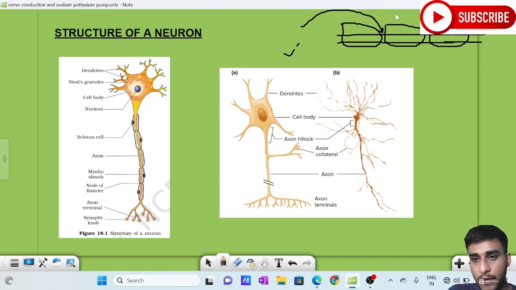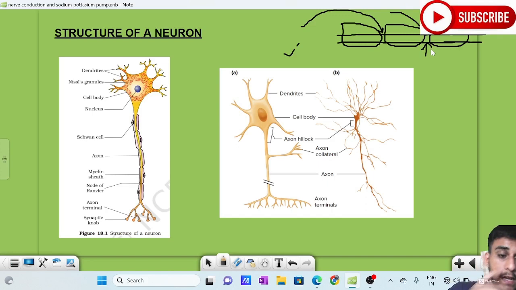This is known as the node of Ranvier. Only at the node of Ranvier is there the presence of electrical signals, which means only at the node of Ranvier is there an absence of myelin sheath. You should understand it. This is the use of the myelin sheath and node of Ranvier.